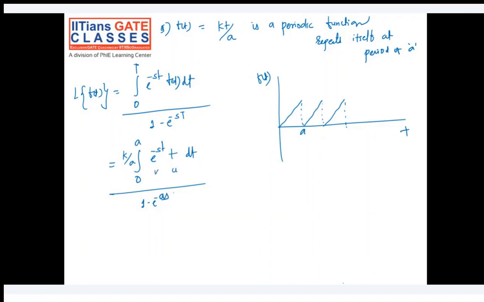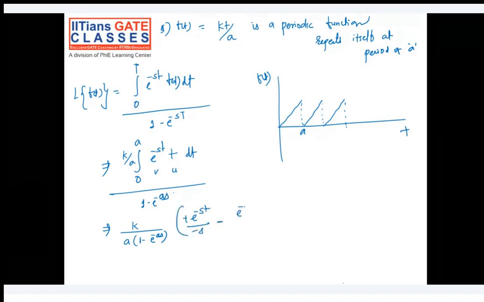You'll do the integration. This will take it out, and the rest of the term is basically integration of t times e to the power minus st. So t as it is, integration of e to the power minus st is e to the power minus st divided by minus s, minus double integration of it will give you e to the power minus st by s square.